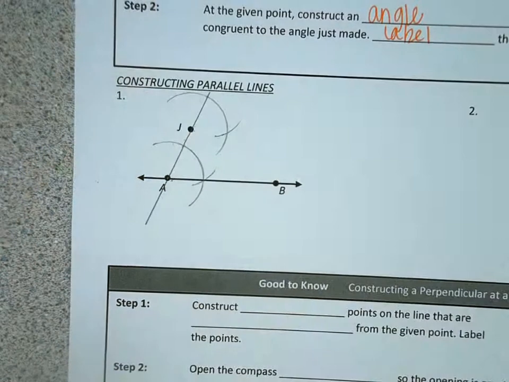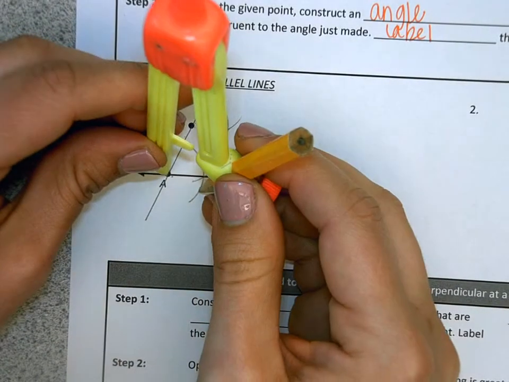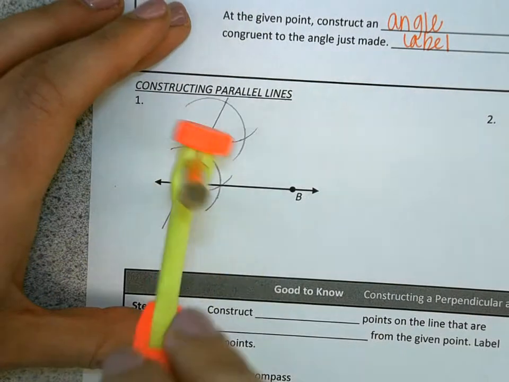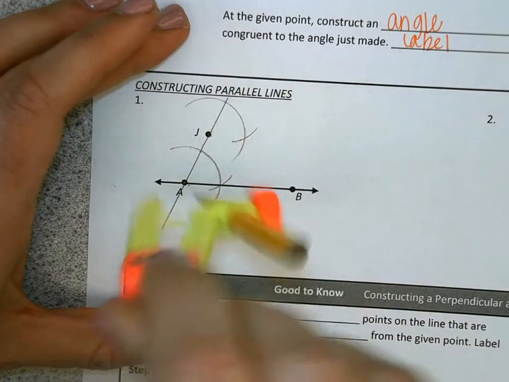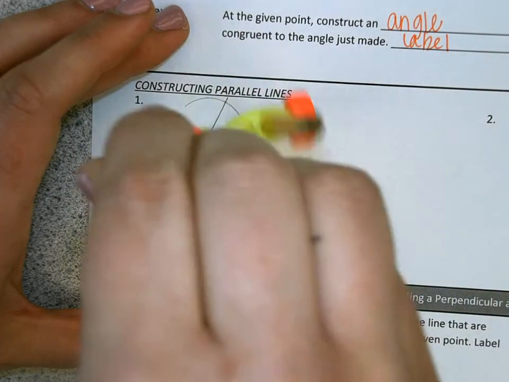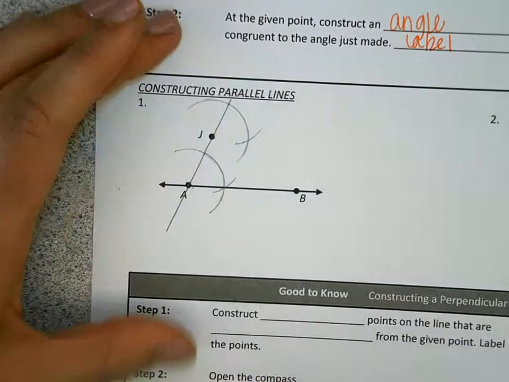And make that. Okay, so if you're lost, I'm going to do it again. We made an arc that intersected both lines through the vertex A, and then I made the exact same arc through J. Then we need to know how wide to make the angle.